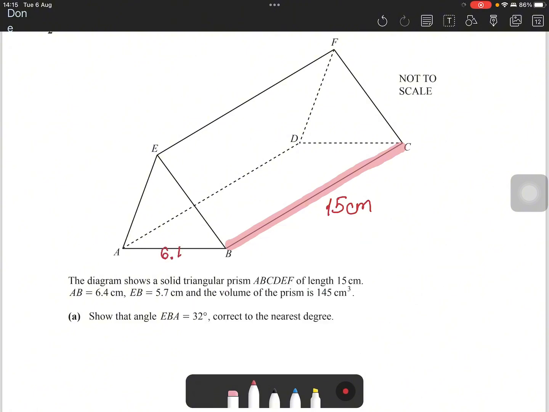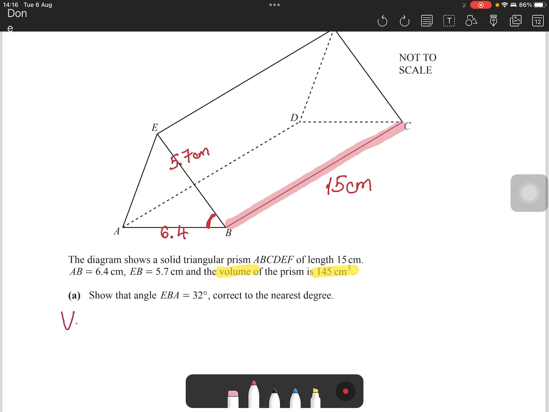EB is 5.7 centimeters. And the volume of the prism is 145 cubic centimeters. A. Show that the angle EBA is 32 degrees. This one, we need to show that it is 32 degrees.